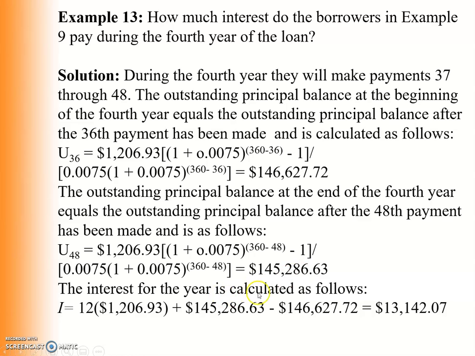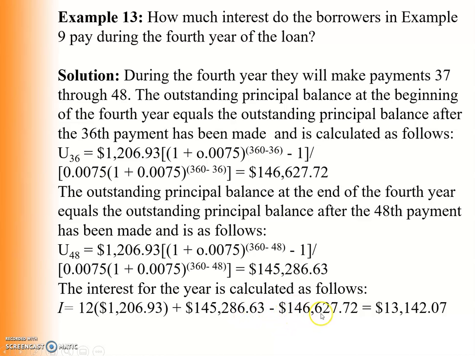So the interest for the year is then calculated as follows. 12 times the 1,206, these are the payments made in that year, 12 payments of this, and then plus the starting balance minus the ending balance. Sorry, plus the ending balance minus the starting balance.